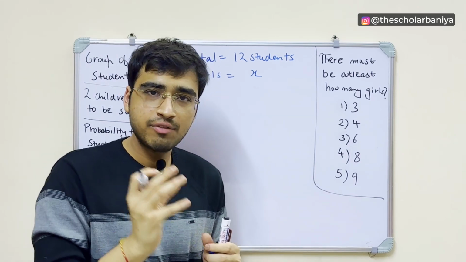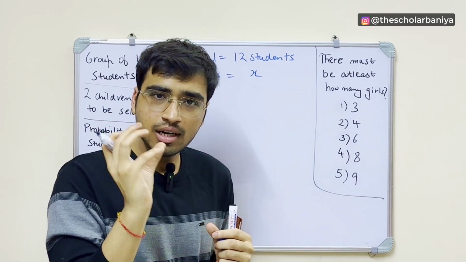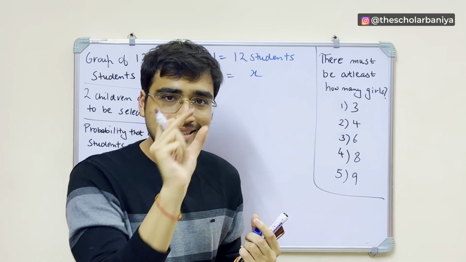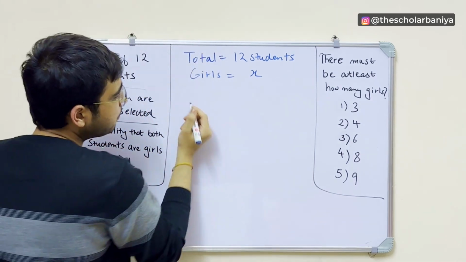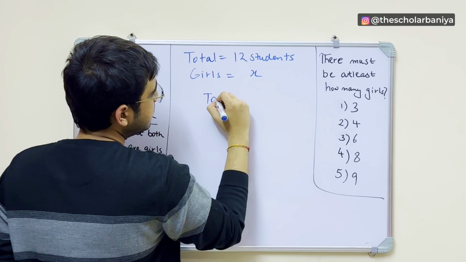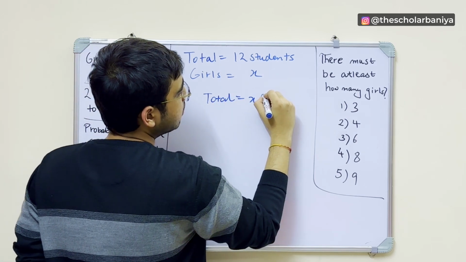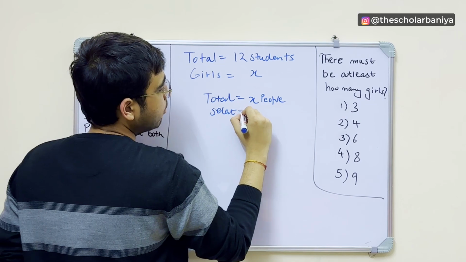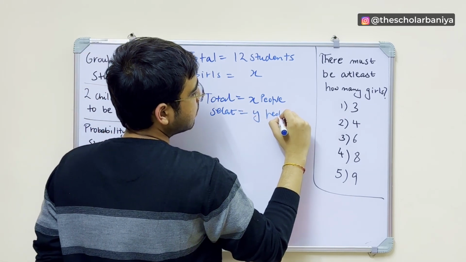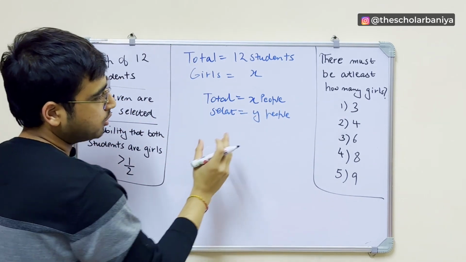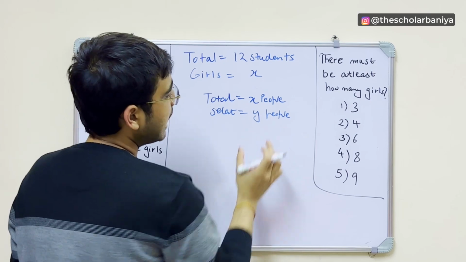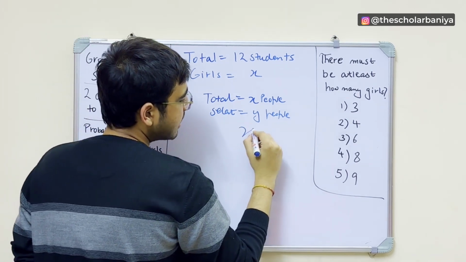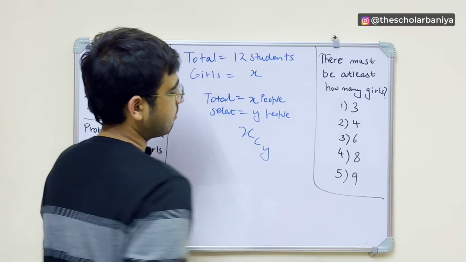So basically, whenever we have to select a certain number of people from a group of people, what we do is C. For example, there are a total of, let's say, X people, and we have to select supposedly Y people out of them. So what we do is XCY.